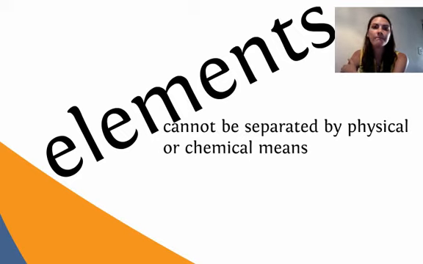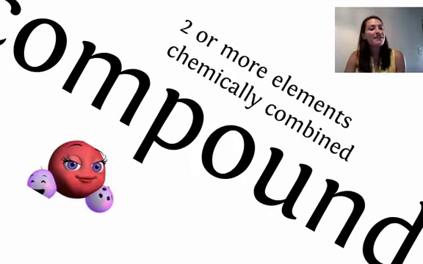Or another example is iron, okay? You might have a sheet of aluminum foil, okay, and you can rip it, but there's still just aluminum atoms lined up in order, okay? That's what an element is. It's a pure substance. On the other hand, we've got compounds. Compounds are two or more elements that are chemically combined. An example is water.